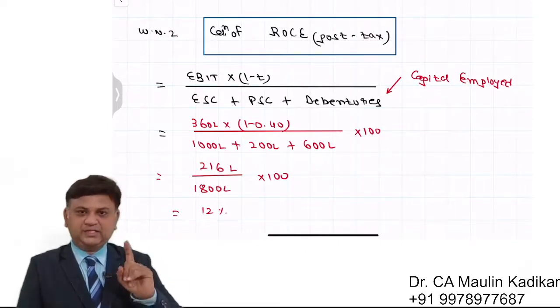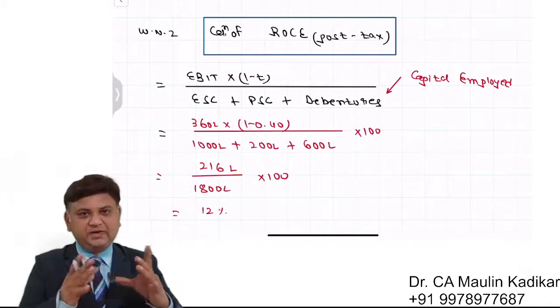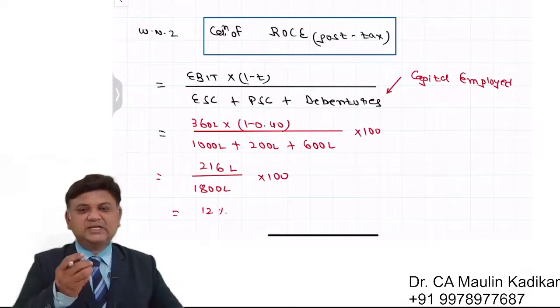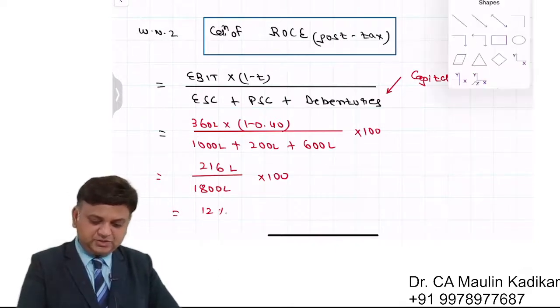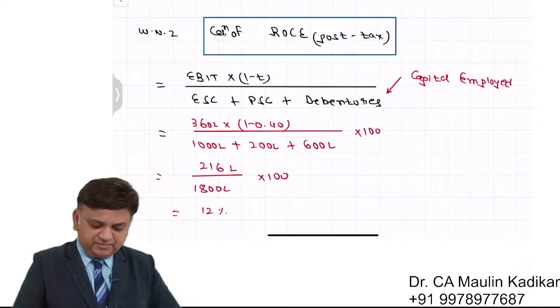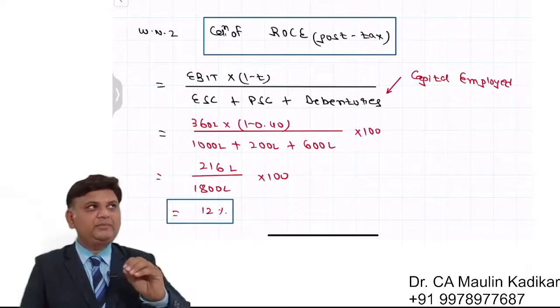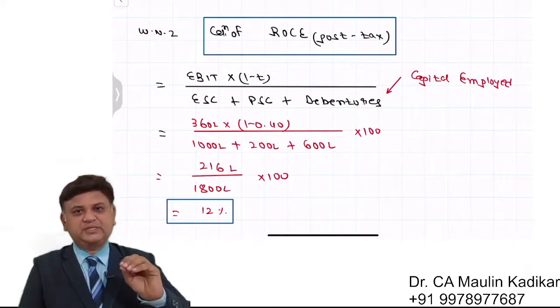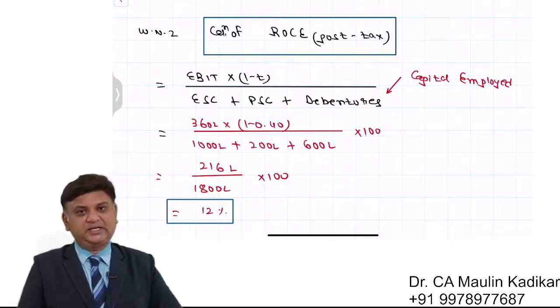Means, listen carefully, whatever the total funds that we have employed in the business is able to generate collectively a return of 12%. Whatever may be the source from which you have raised the funds, you will be able to earn at the rate of 12%. That is what this return on capital employed is indicating.